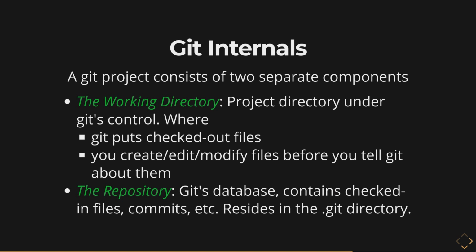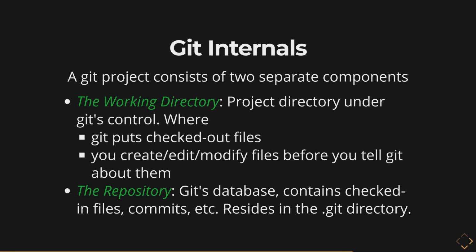Really the two components of a Git project that you need to know about are, first of all, the working directory. And that's a very simple concept. That's just the concept of the folder or directory on disk where your project resides. That's basically where Git knows your project to reside on the disk, and where it will check files out into and check files in from.